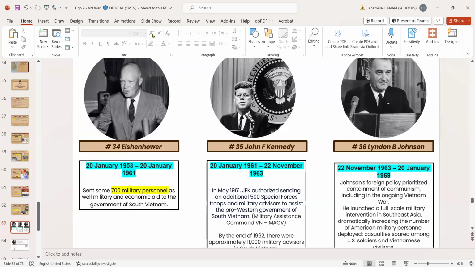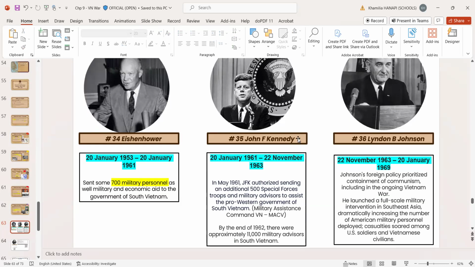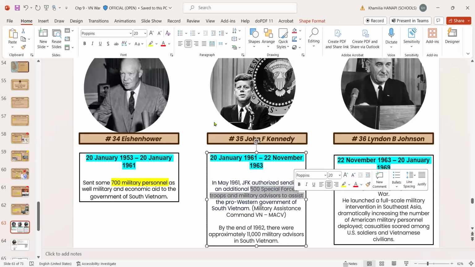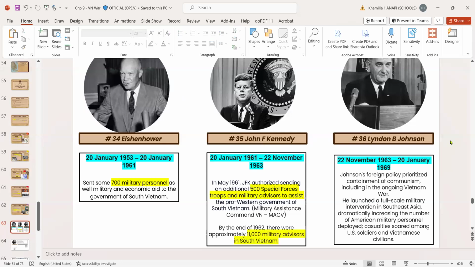When Eisenhower stepped down as president, there was another man called Kennedy. Kennedy sent 500 special troops. It was a little bit more serious now because you have special troops as well as military advisors to assist the Western government. At the end of it, he had about this many military advisors. Again, by the definition of military advisors, they were just giving help to the local South Vietnamese soldiers to fight.